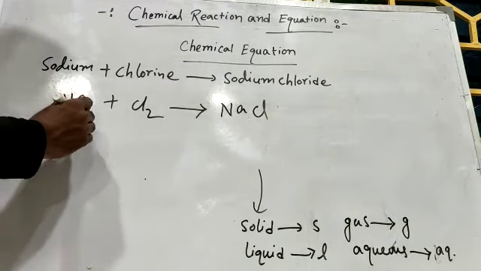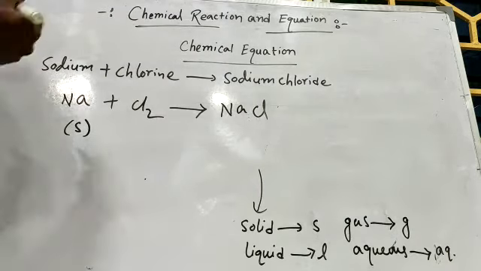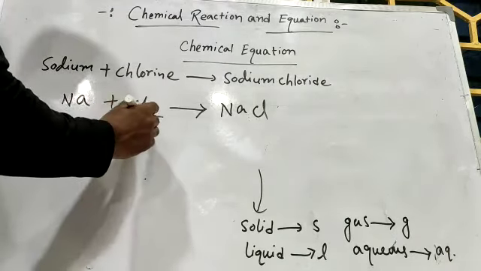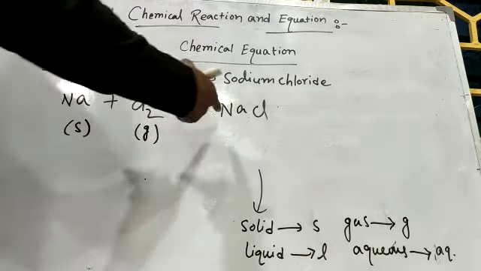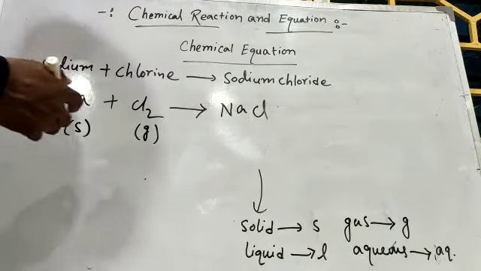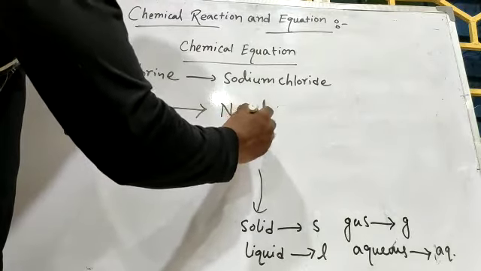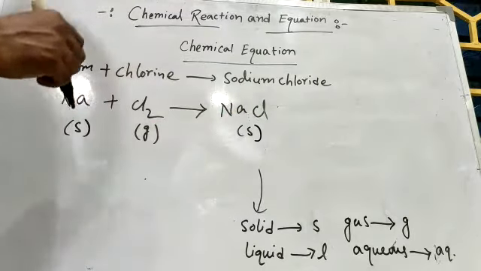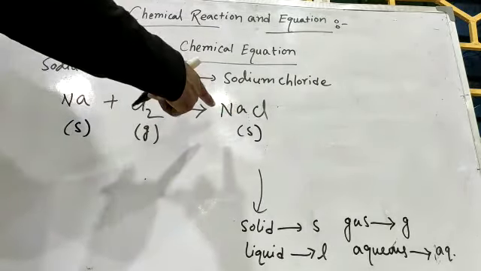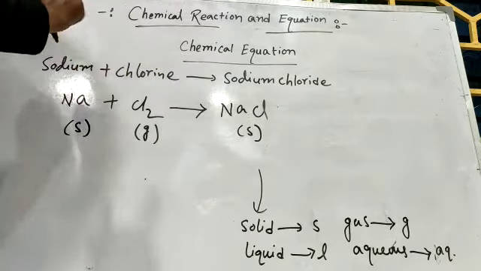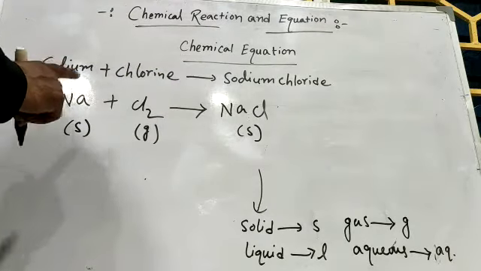The physical state of sodium is S, since it is a solid metal. Chlorine is a gas, so G, and sodium chloride is a solid, so S. This is an unbalanced equation, called a skeletal chemical equation.